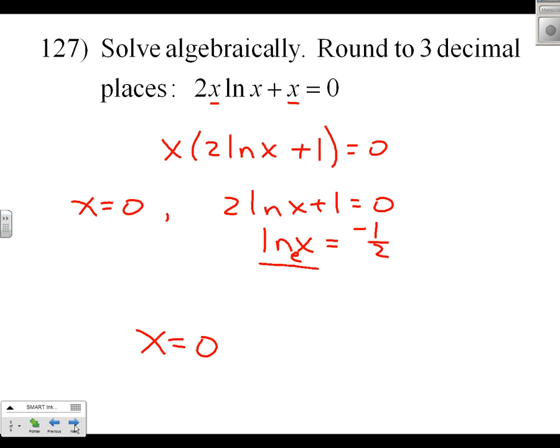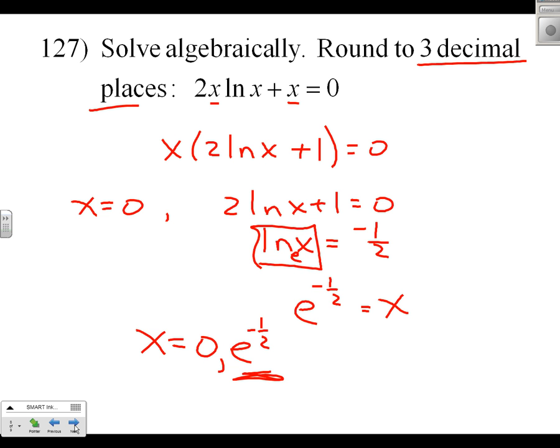So this, which is negative 1/2, is the exponent that would turn e into x. So my other solution is e to the negative 1/2. That again being the exact answer the book directions ask for, round to 3 decimal places. We certainly could enter that in our calculator and arrive at our solution.